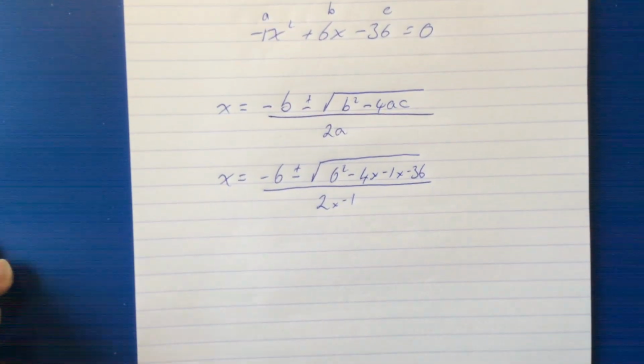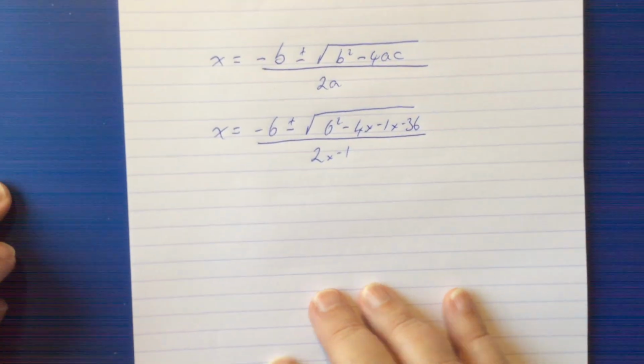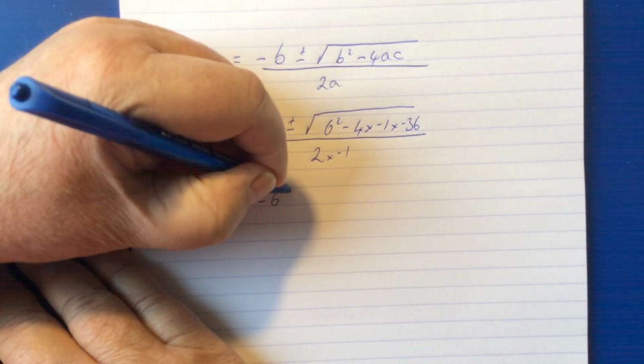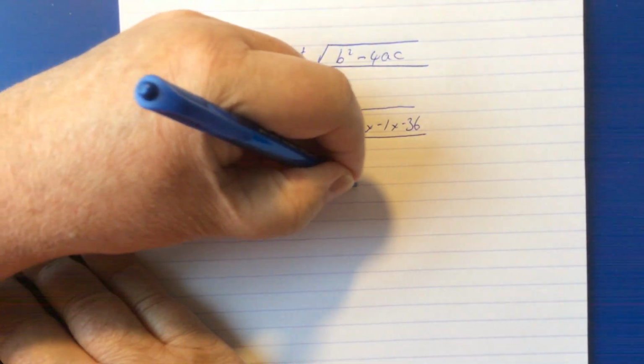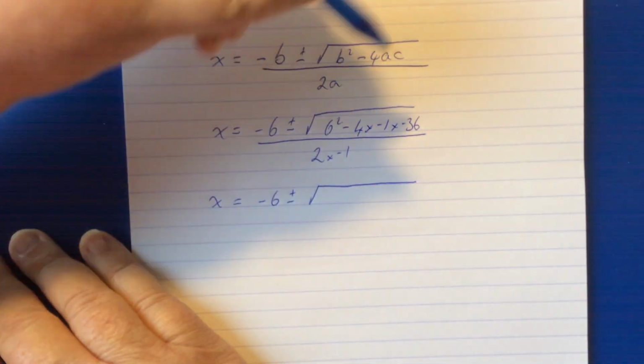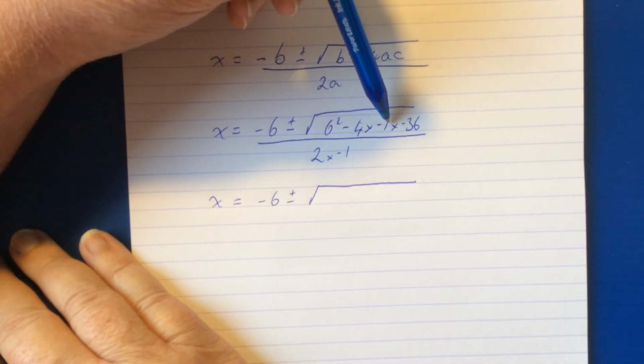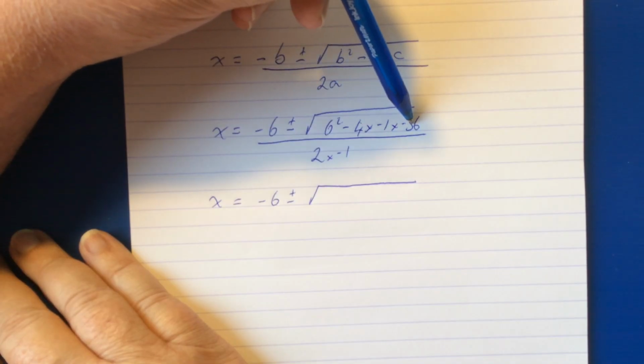Okay, so let's tidy this up and see what we get. X is equal to negative 6 plus or minus the square root of 36 minus 4 times negative 1 times negative 36. 4 times 36 is 144.